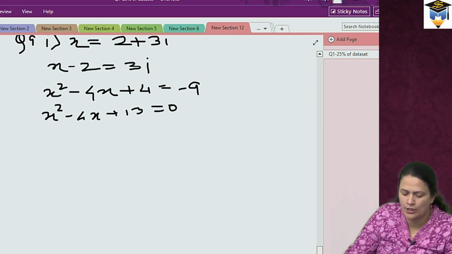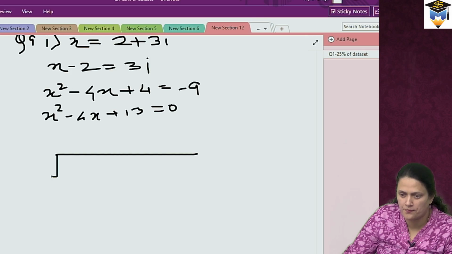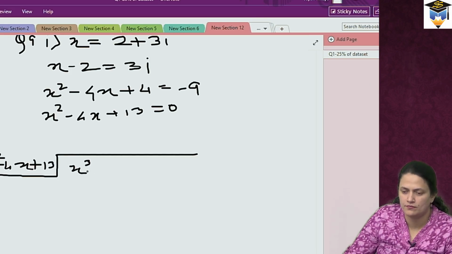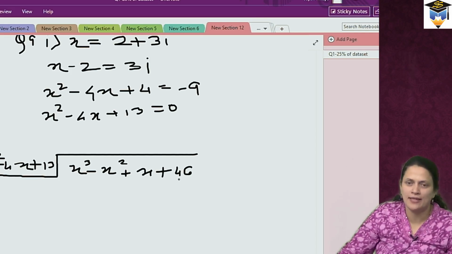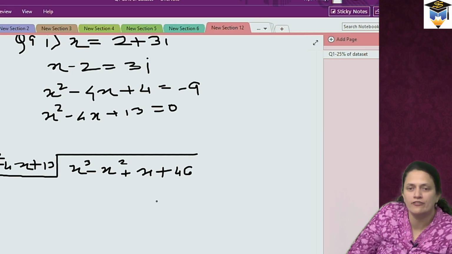Original value is x cube minus x square plus x plus 46. We will just solve this sum and then we will stop for today. So now tell me, x square multiplied by what will give us x cube?